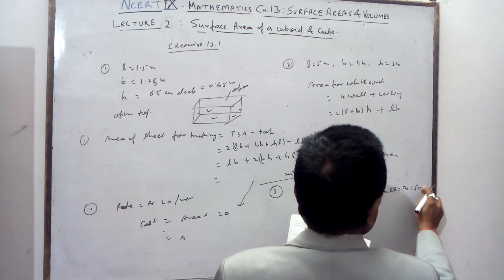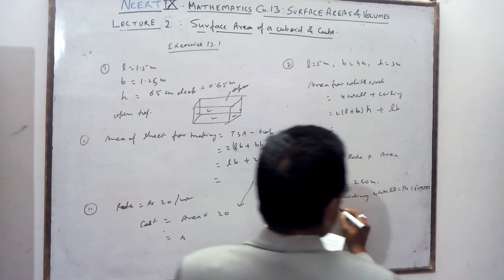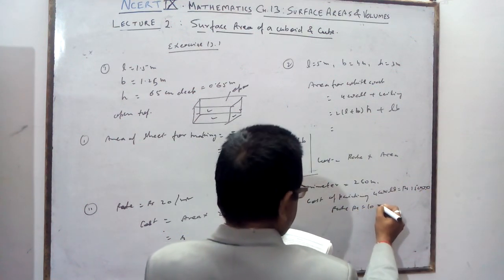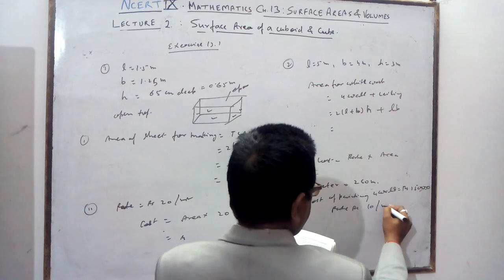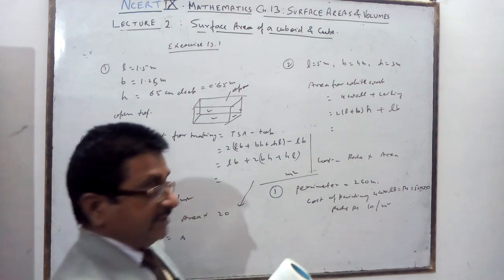Rate is given as rupees 10 per meter square. Find the height of the hall.